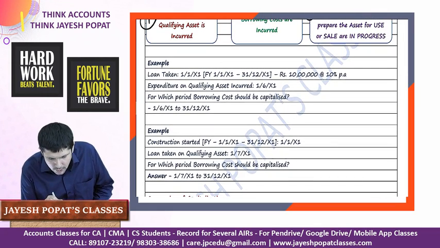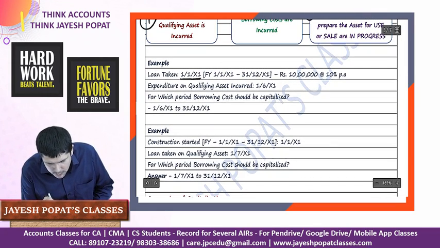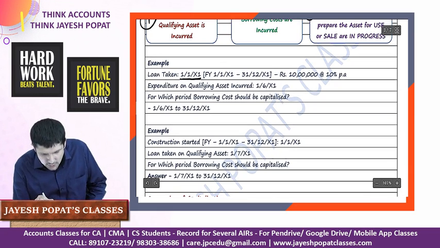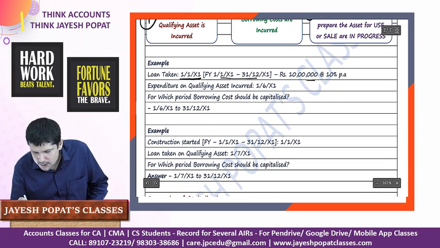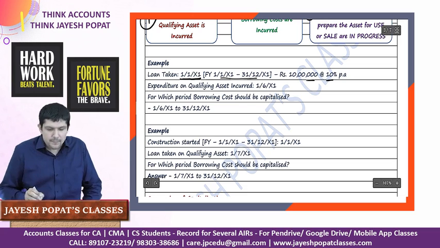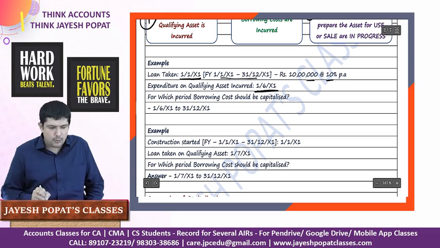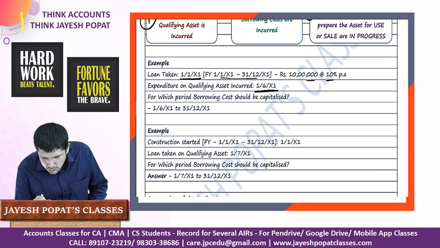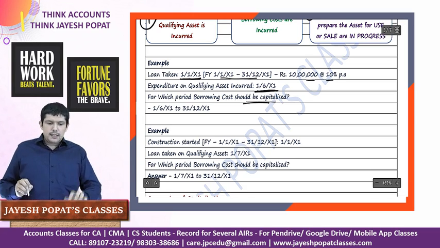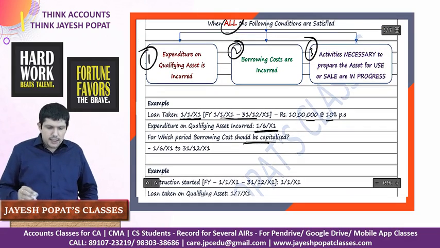So we'll take an example. Let's say we took a loan for this particular asset on 1/1/X1. Our financial year is January to December, of rupees 10 lakh at 10%. Expenditure on the qualifying asset is incurred on 1/6/X1. For which period should borrowing cost be capitalized? Obviously, all three conditions must be satisfied.